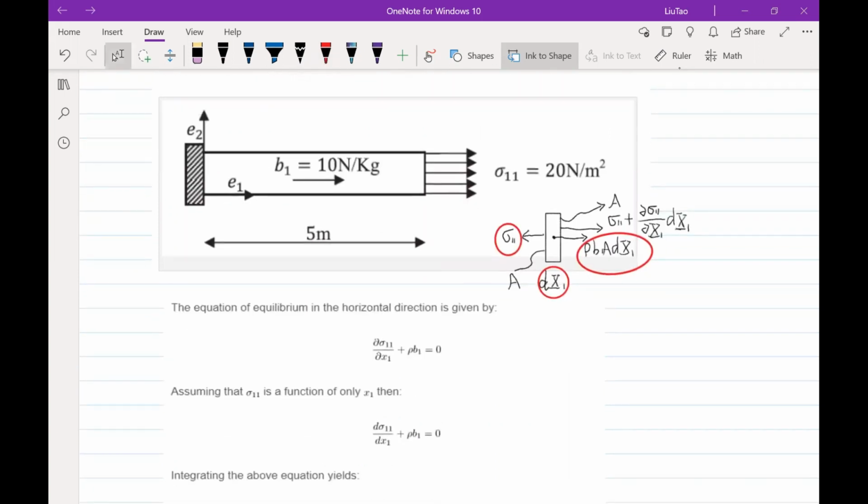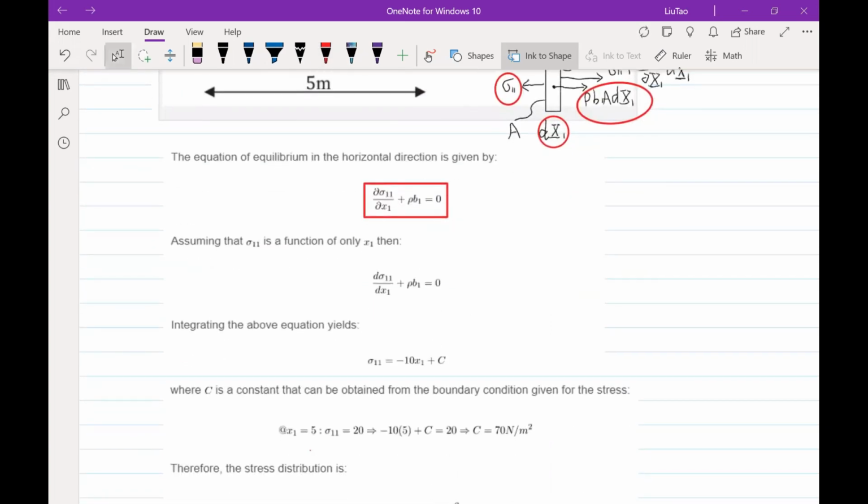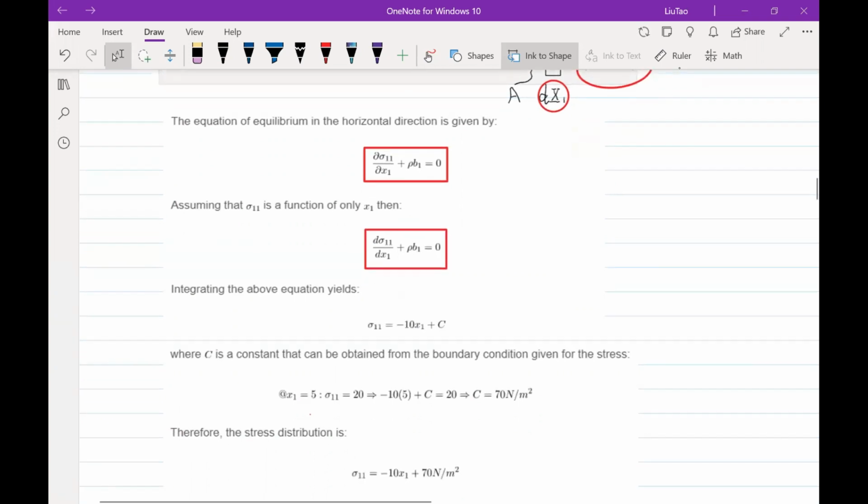Then using equilibrium, we can get this differential equation: partial sigma 11 over partial x1 plus rho b1 is equal to 0. Since sigma 11 is only a function of x1, we can change it to this form. Then after integration, we will introduce one constant, which is c.